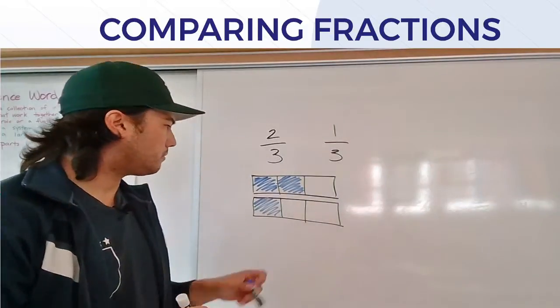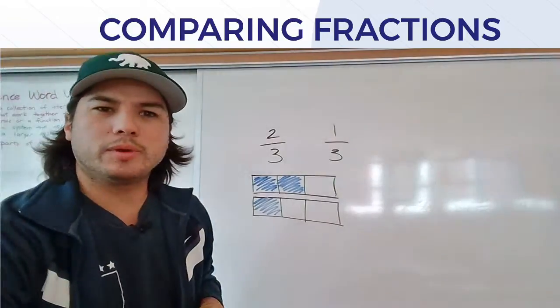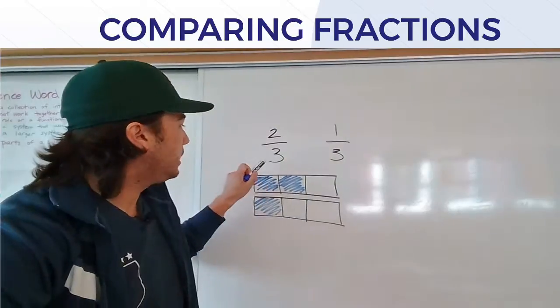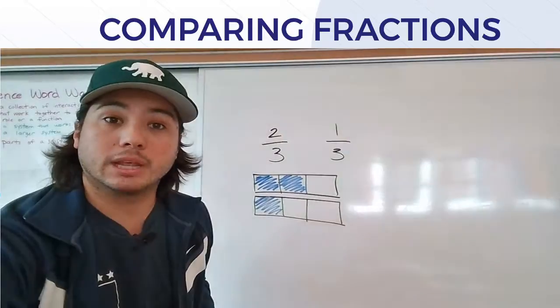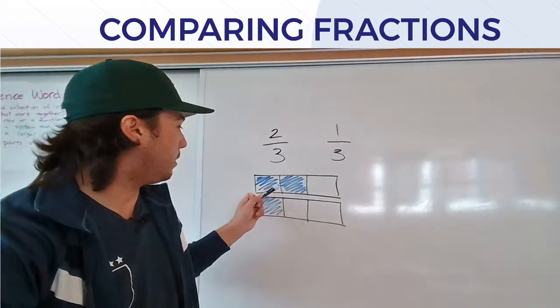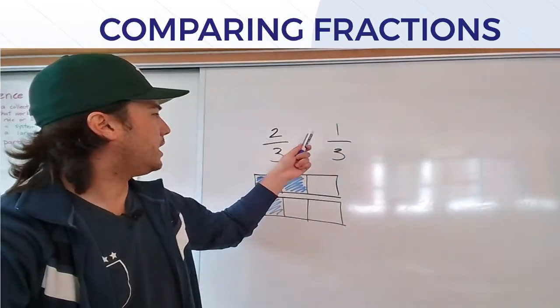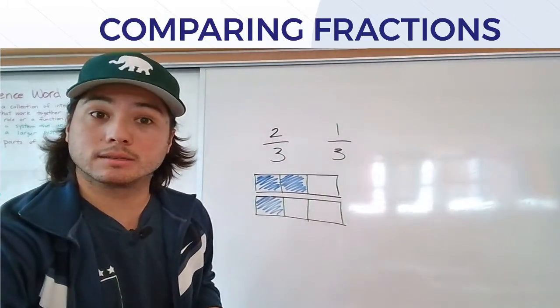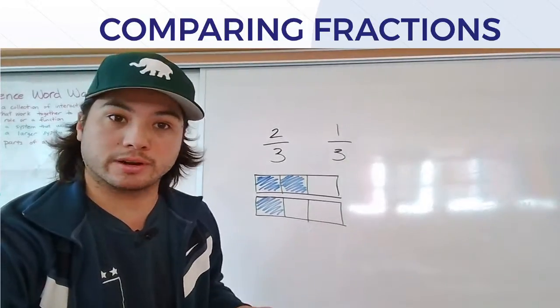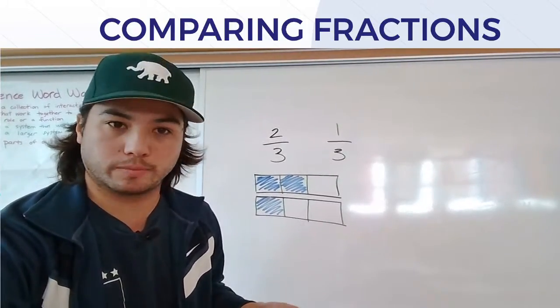So what we can know and what we can say as a rule is if the denominators are the same, if the pieces that we're working with are all the same size, whichever fraction has more pieces is going to have a greater value. That's always going to be true, okay?